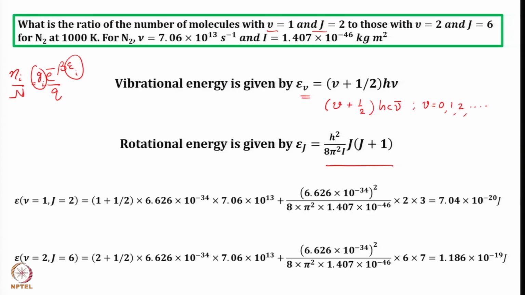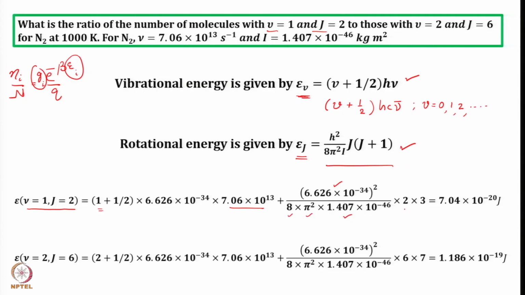Now the first step is, for this set of quantum numbers v is equal to 1 and J is equal to 2, we will add E_V and we add E_J. For the first set v is equal to 1, so therefore (1 plus 1 by 2) into h nu, we are given information in terms of the frequency, plus h square by 8 pi square I, into J into (J plus 1).